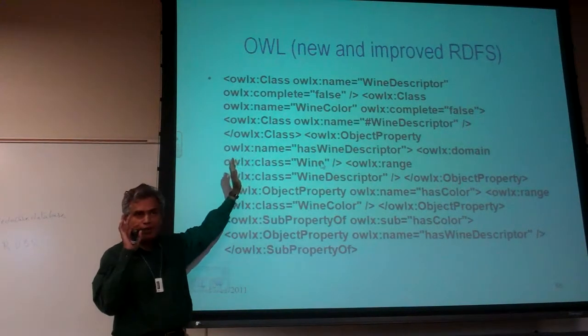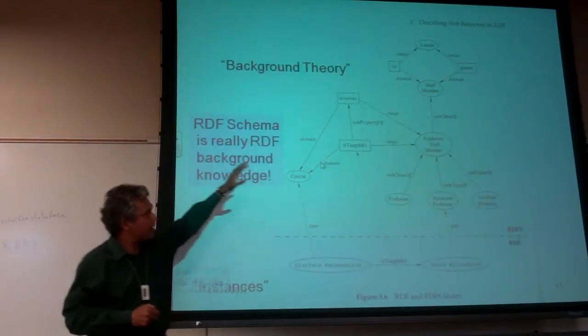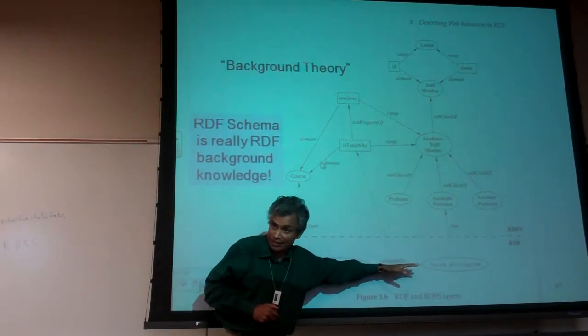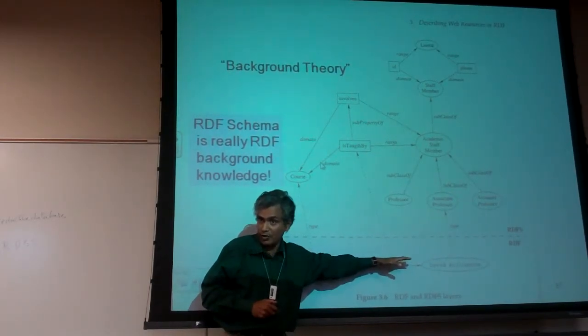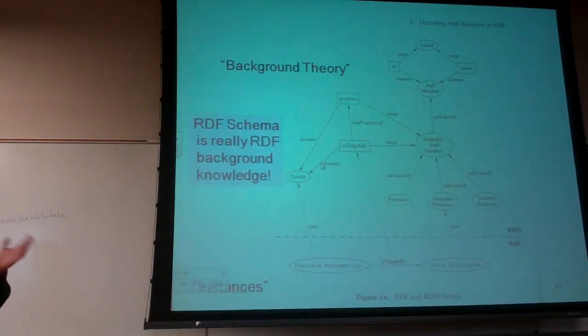Okay, for you to be able to understand this series of lectures, you should understand that background knowledge is constraining what worlds these facts can be true in. Okay, XML schema is constraining what is a valid RDF file and what is a valid RDFS file.